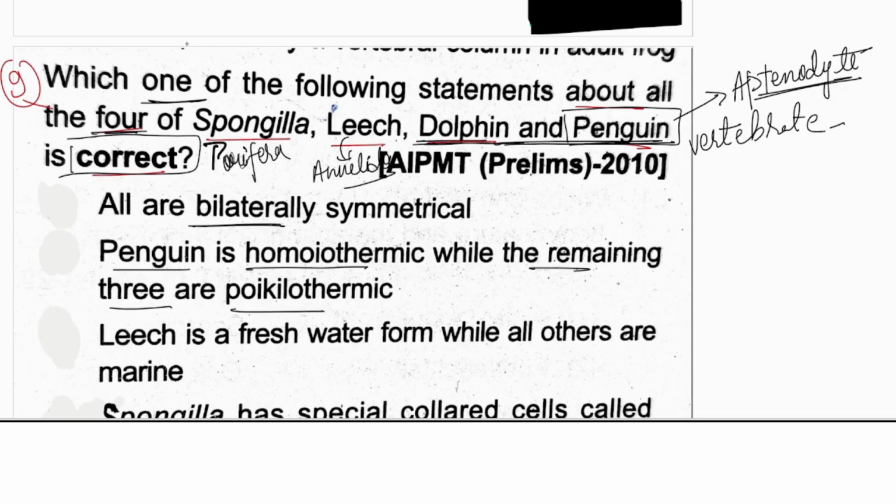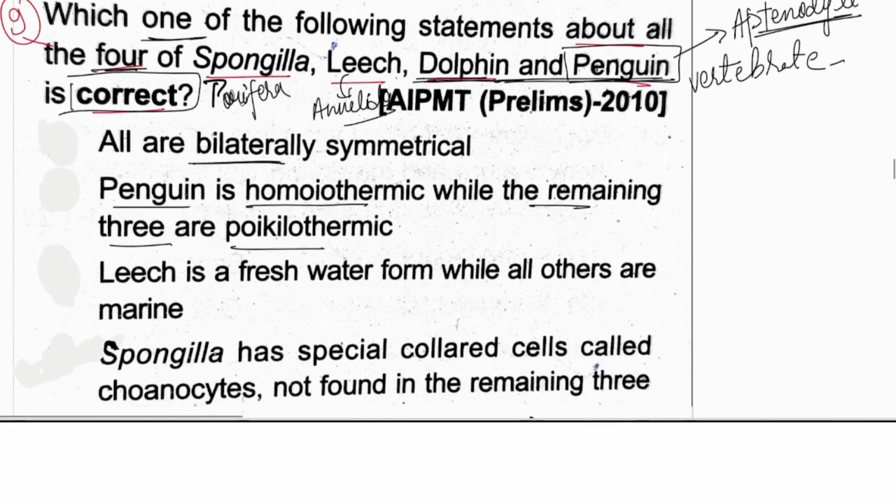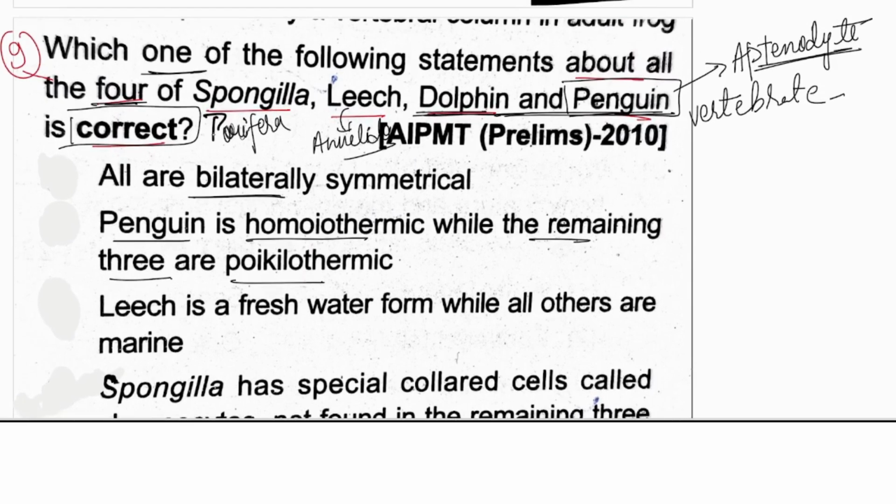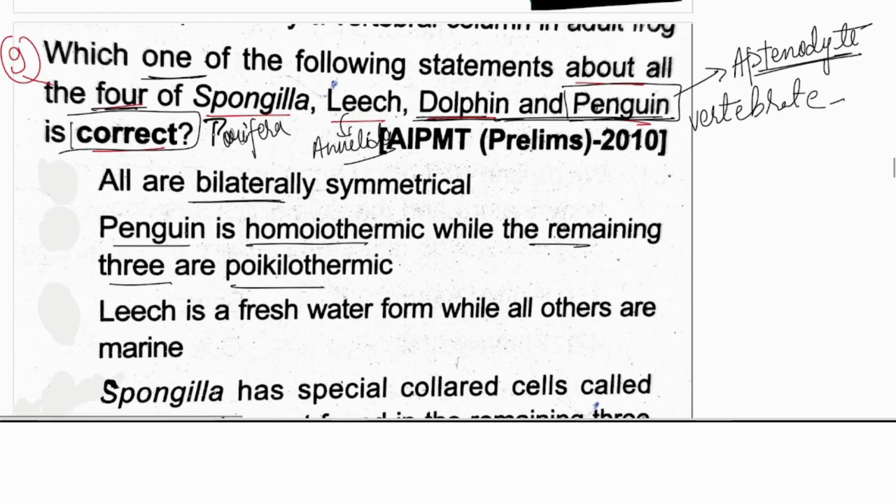Okay, so here we can say the first one would be fine, bilateral symmetry, but not in all. Like in leech and Annelida, we cannot say. In the phylum Porifera it is not correct. Phylum Porifera is actually asymmetrical. Sponges are asymmetric, right? So the first option would be incorrect.